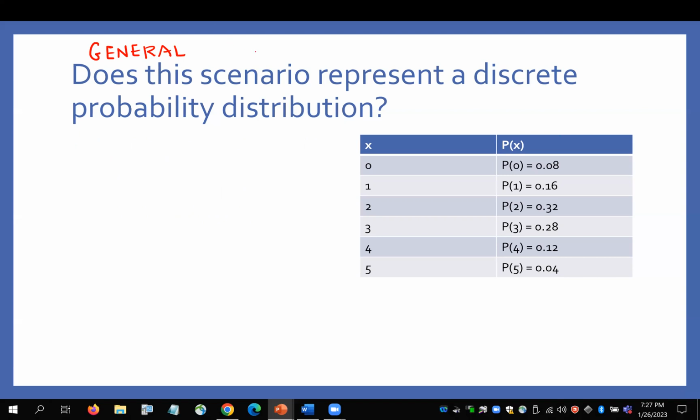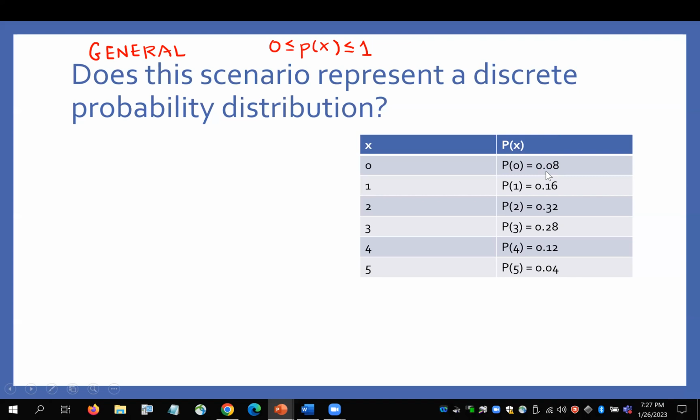Okay, we need to confirm that all of the probabilities are between 0 and 1. So if I look down this second column of values, that's labeled P of X. That stands for the probability of my variable.